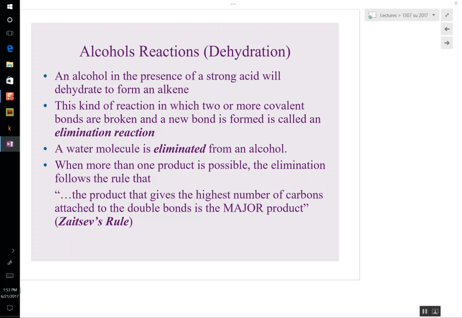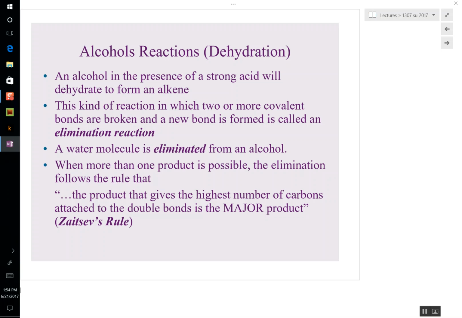The last reaction here, I think the last one, is the dehydration of an alcohol. And we're going to learn a new rule here, Zaitsev's rule. There's going to be some situations where there is a major and minor product. So this is an elimination reaction. We're eliminating an entire water molecule.